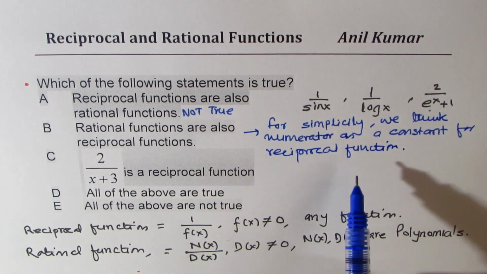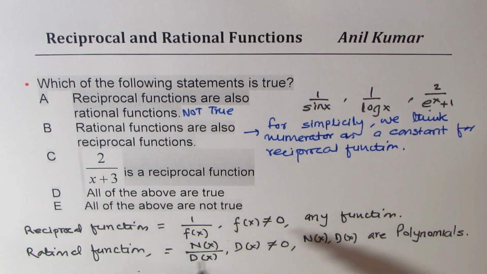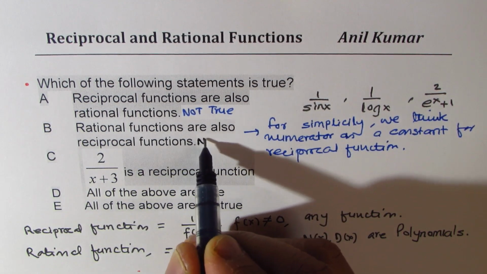Well, there are no restrictions, but in general, 1 over, I could replace this with k over, for example, right? So we could think about f of x as a transformed function, right? So in that case, it could be k over something, right? So we say this is also not true.